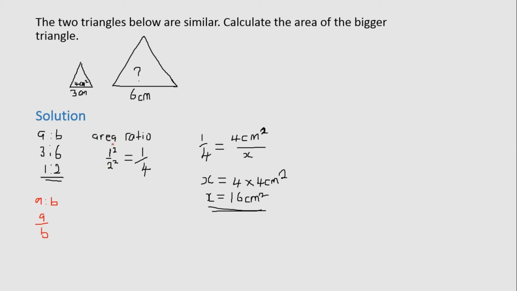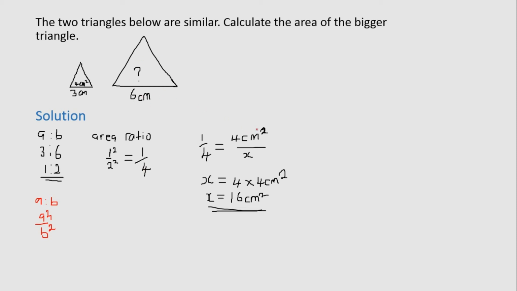For the area ratio, remember we said we have to square A and square B. So 1 squared gives you 1, and 2 squared gives you 4. Now you have found the ratio for the area, but how do you find the area of the bigger triangle?